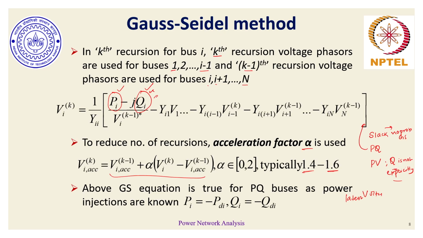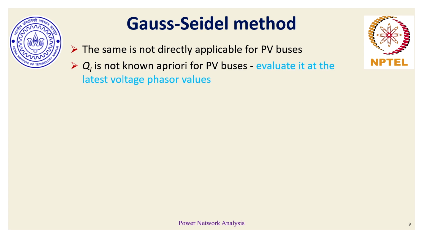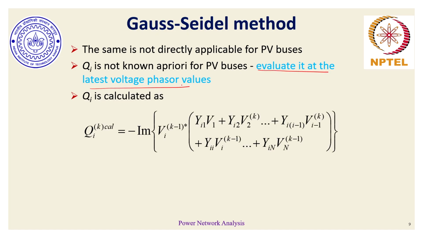The same equation, that means the way of solving this Gauss-Seidel method, is not applicable for PV buses. So Q is not known a priori for PV buses. What do we do? Best possible way, evaluate it at the latest voltage phasor values, use the latest voltages and evaluate this expression. So CAL refers to the calculated value.